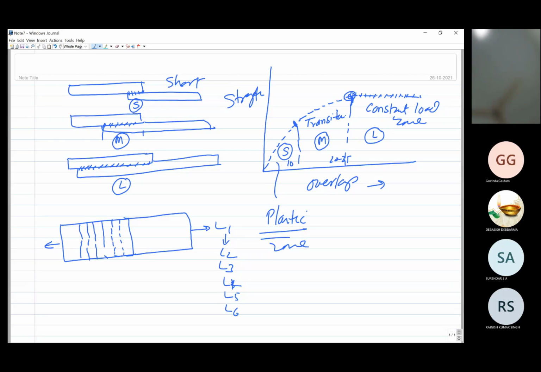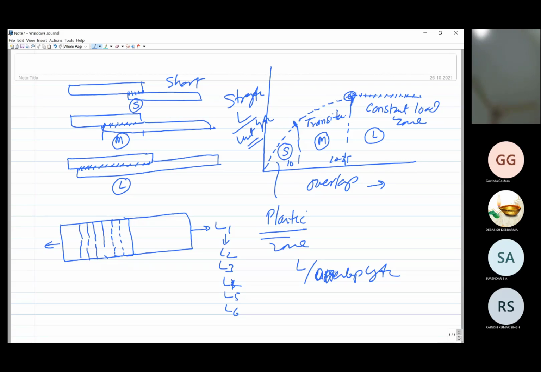But what is the gain in the increasing load per unit overlap length? So what I am mentioning here is the load L divided by the overlap length. Per unit length, that is being given. So this per unit length basically becomes constant after reaching a particular value.